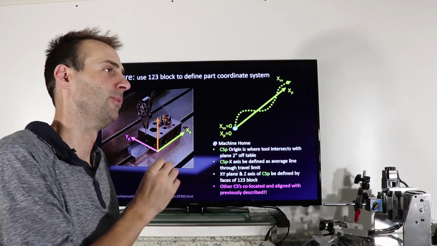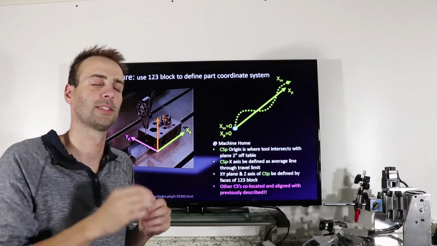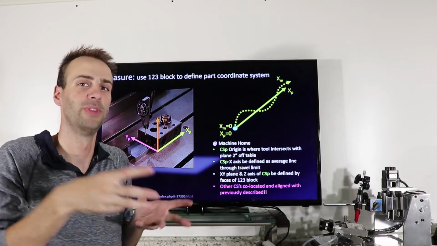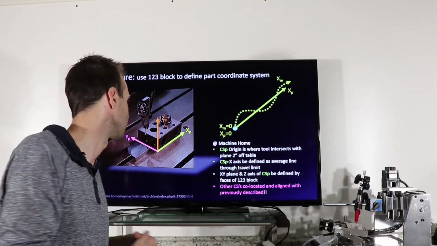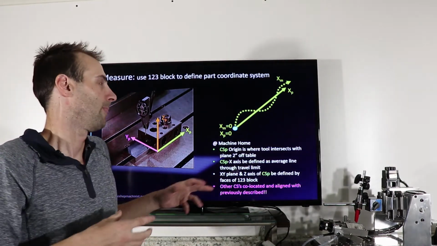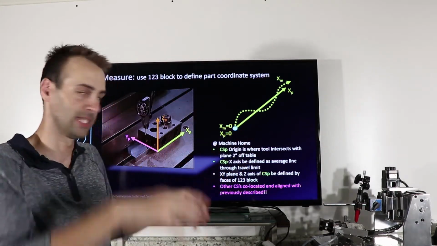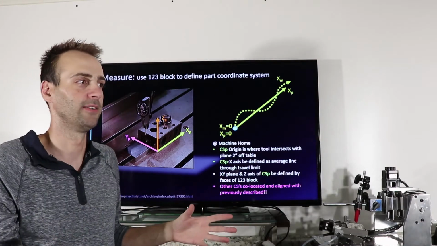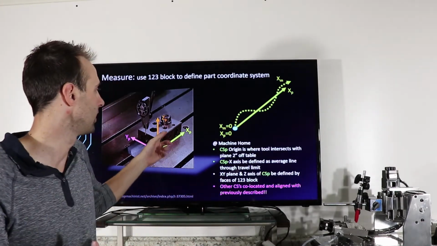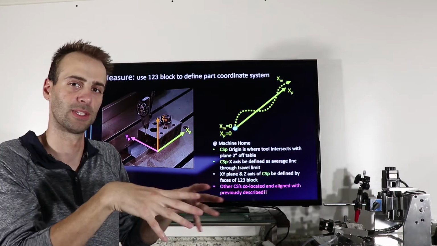So when I want to move in x part coordinates, I just move the x machine axis, okay? So again, just like tramming a vise, and if you tram your vise and then put this into your vise, you already did that, right? So it just makes sense that wherever this ends up becomes the coordinate system.